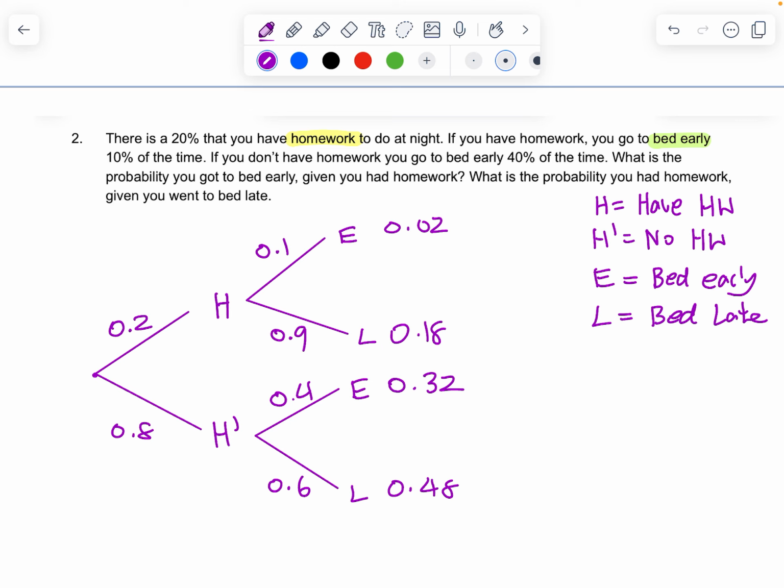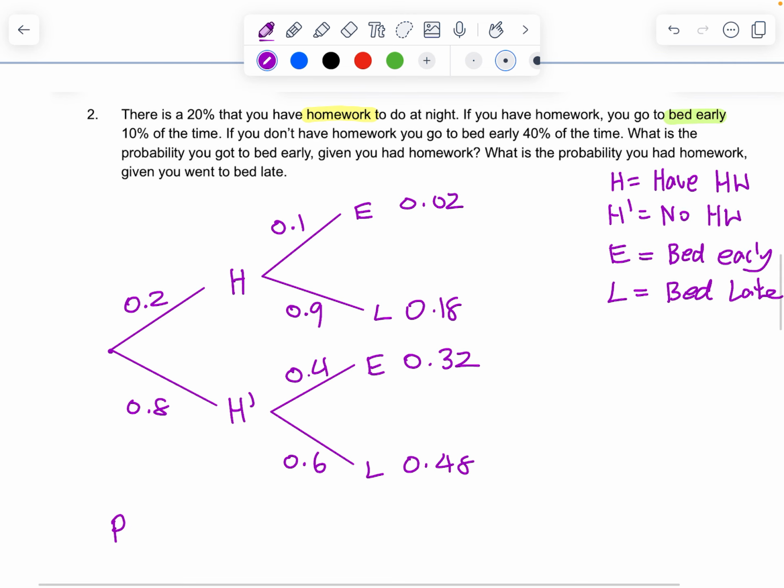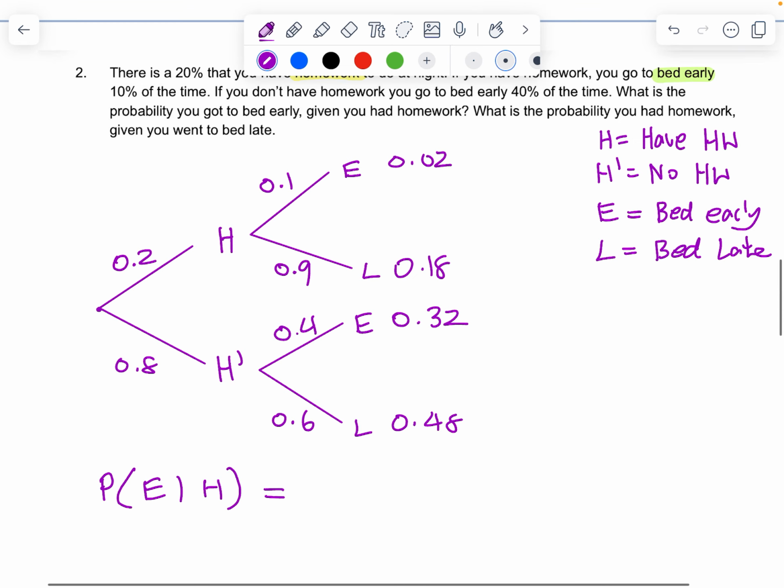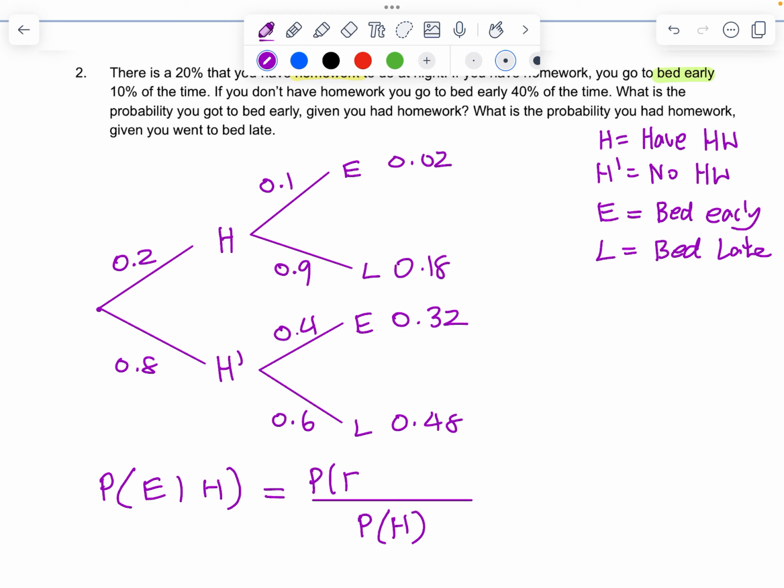So the first one, what is the probability you go to bed early given you had homework? So making use of our conditional probability formula, what we want to do is have the probability that you're given in the denominator. So the probability of getting E and H, sorry, why did I keep writing B?